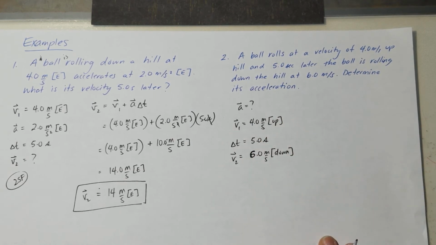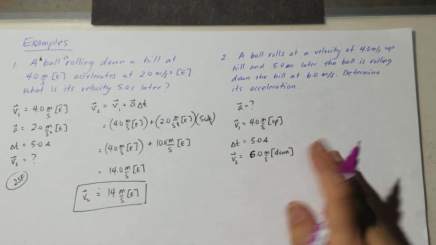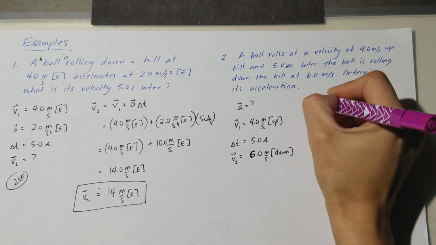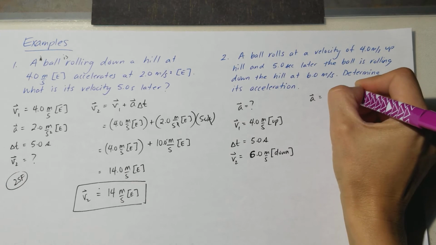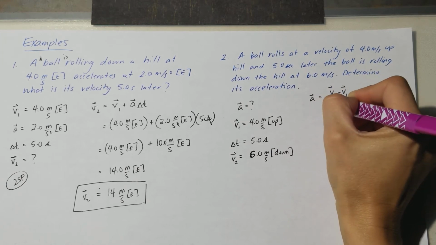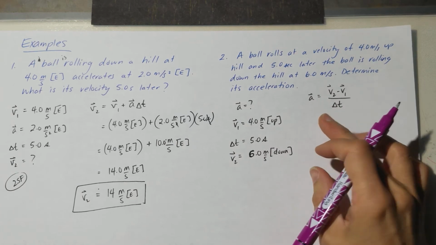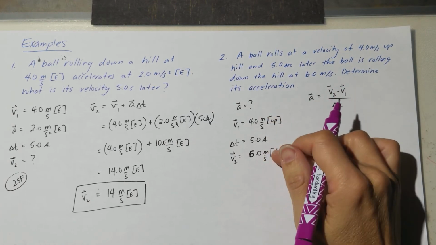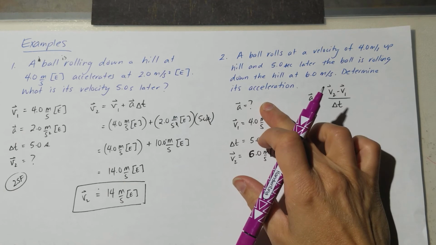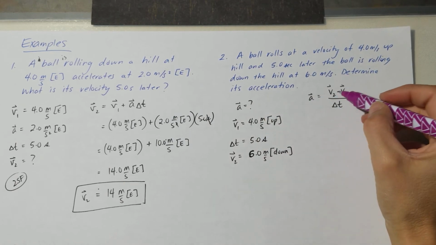Okay? And if we look at our equation, all over delta t, you'll see there's 4 variables here. So you hopefully have been given 3 and you're finding the 4th, because that's what's going to happen when there are 4 terms.